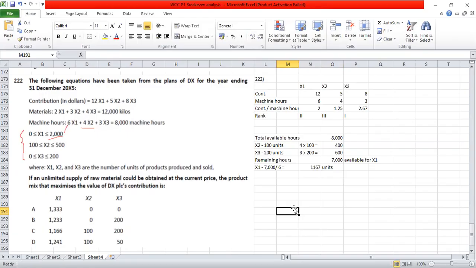So X1 will be 1,167 units, X2 will be 100 units, X3 will be 200 units. So option C is the correct answer. Answer is C.